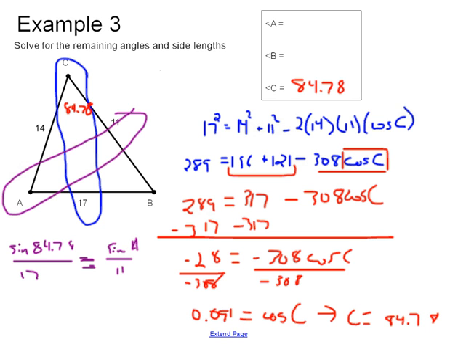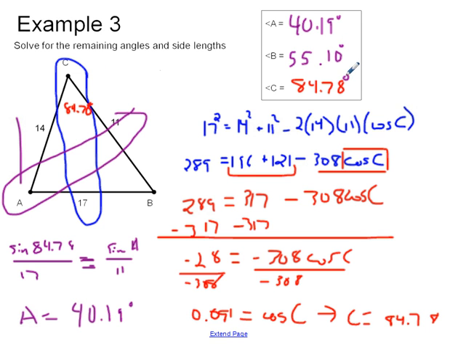When I cross multiply and solve, I end up with A equaling 40.19 degrees. So then I take 180 minus that answer minus my 84.78, and my last answer I end up with 55.10.